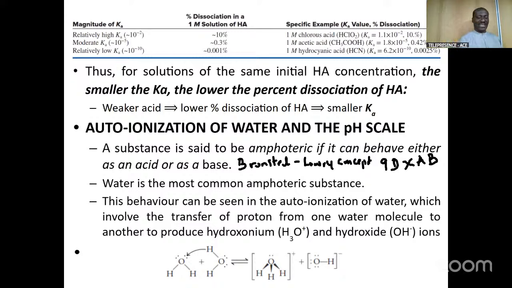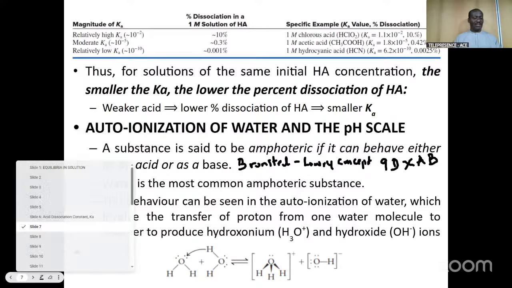It can behave as an acid, it can behave as a base. And so that's why we can say that water can auto-ionize. I'm going to look at that in the next slide for us to comprehend that better.